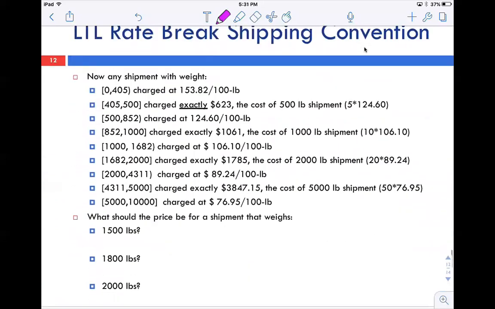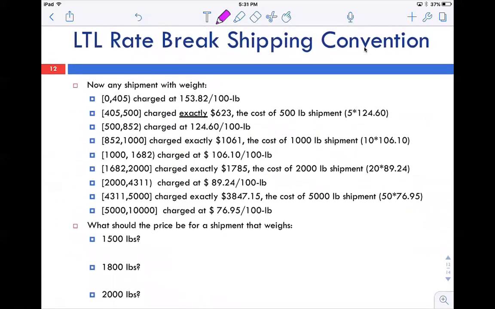So when do we use this information? Well, now we do know all the rate breaks. We can actually rewrite the coded table for us, right? Now we know that everything between 0 to 405, remember it is our first rate break point in the first interval, then our shipment is going to be charged at 153.82 cents per 100 pound that we send.